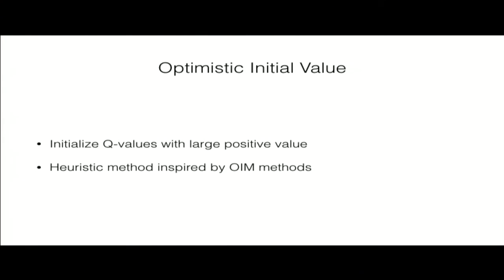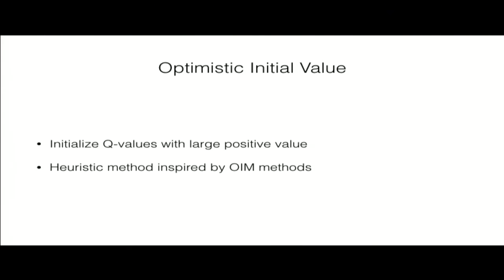There's another idea, mostly more heuristic, called optimistic initial value, where you have a value function, usually a Q function, and you initialize your Q values with some large positive value. That way, when you visit a state for the first time and there's some action you haven't taken yet, you think that action is really good, and over time the action value gets driven down.